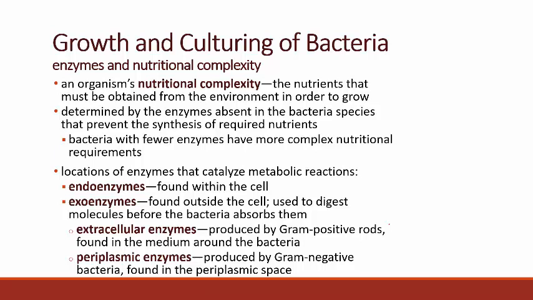If you don't have specific enzymes, then you're going to require specific nutrients because you can't build them yourself. So the fewer enzymes that bacteria have, the more complex their nutritional requirements are going to be. Okay, so that's an organism's nutritional complexity. Fewer enzymes mean a more complex nutritive environment required.